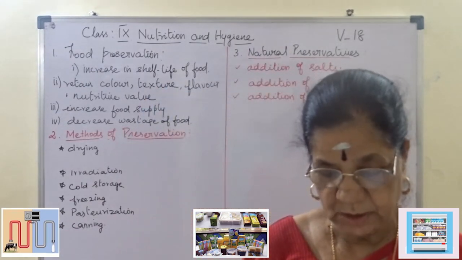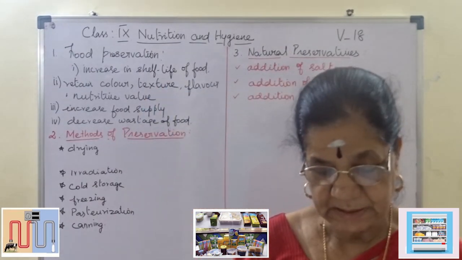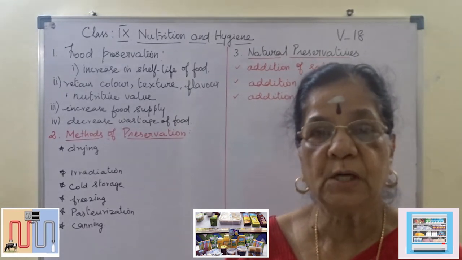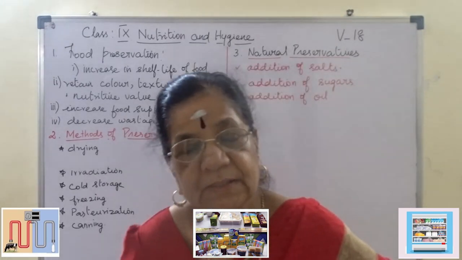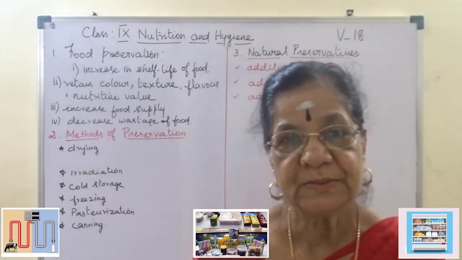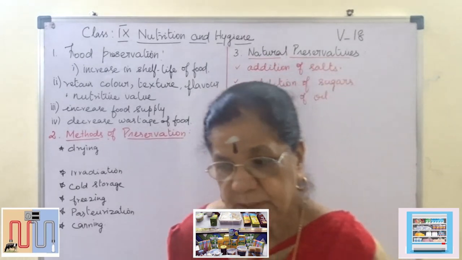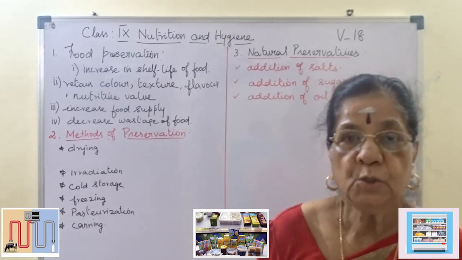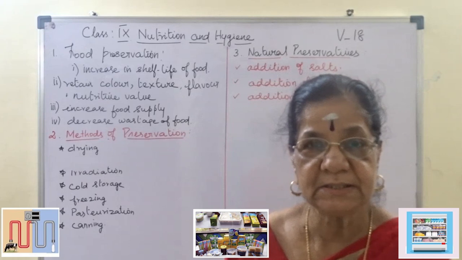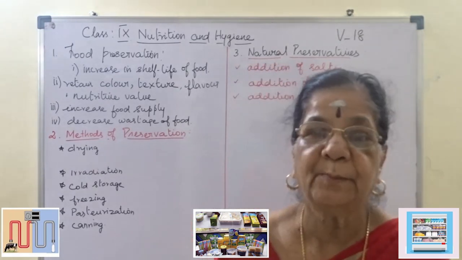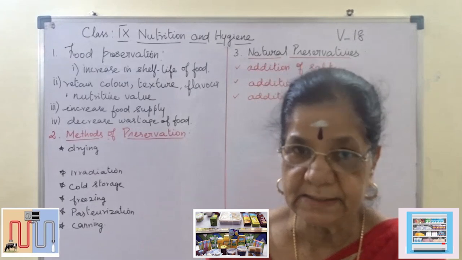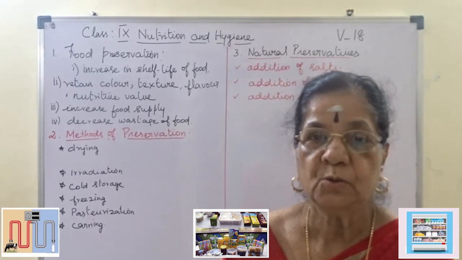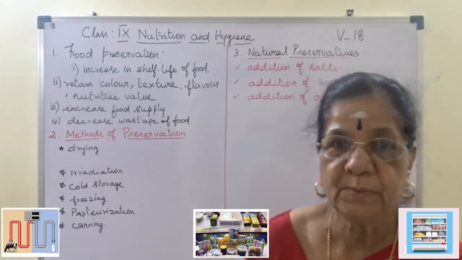So addition of salt, it is the oldest method. It removes the moisture content in the food by process of osmosis. Moisture content osmosis மூலம் போகுதுனாக்க, osmosis என்ன சொல்லியிருக்கேன், it is the movement of molecules from the region of higher concentration to the region of lower concentration through semi-permeable membrane. When we talk about energy level, region of higher energy level concentration to the lower level through semi-permeable membrane.